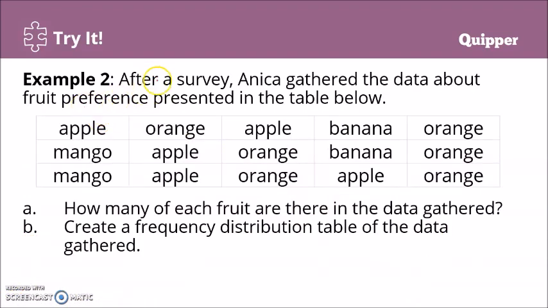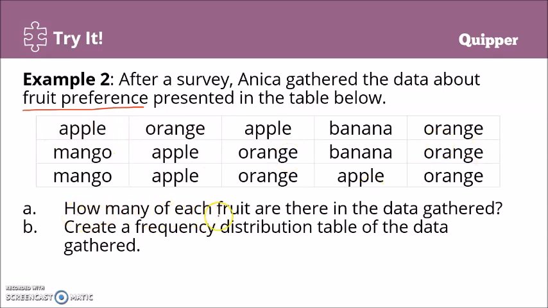Another example. After a survey, Anika gathered the data about fruit preference presented in the table below. So, fruit preference, ilan lahat ito? 1, 2, 3, 4, 5. Okay, 1, 2, 3. So, 15 lahat yan. So, 15 ang tinanong niya about their fruit preferences. So, may sumagot ng apple, may orange.